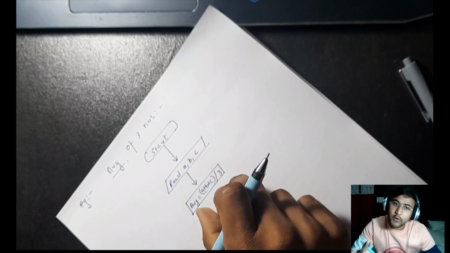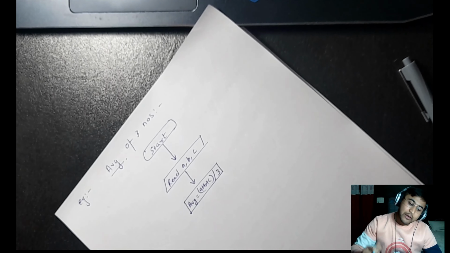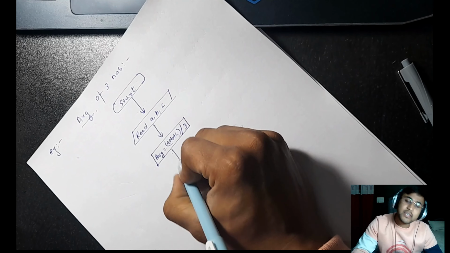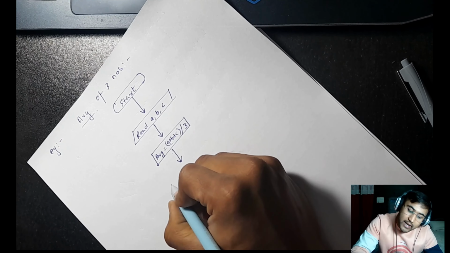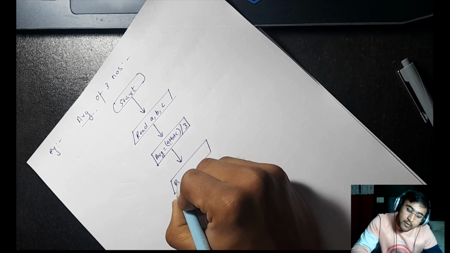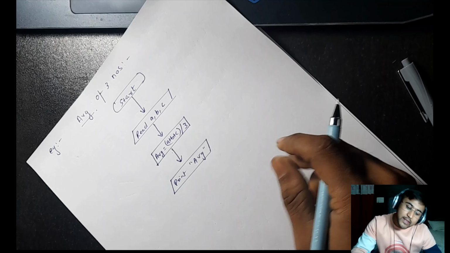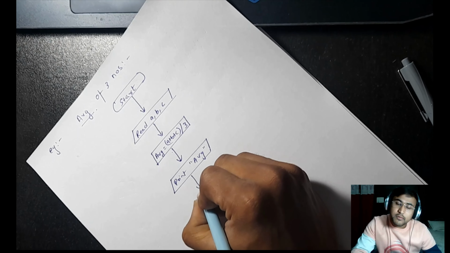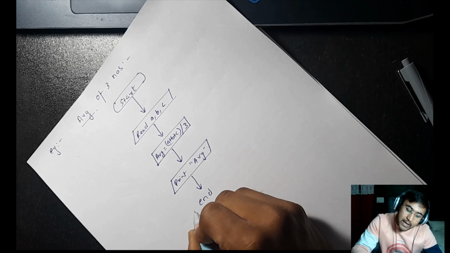So this is the formula for calculating our average. Now after calculating our average, we need to print this average value. So for printing it, we will again use this parallelogram and we will print average. After printing the average, we need to end this flowchart. So for ending, we will again use this elliptical shape.